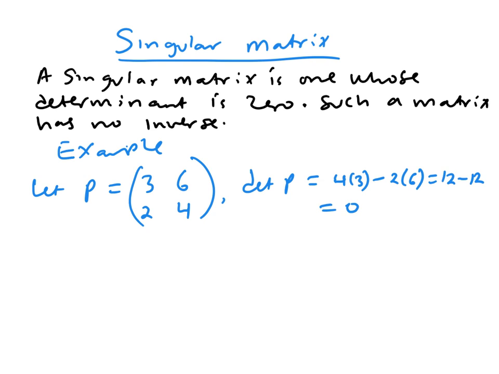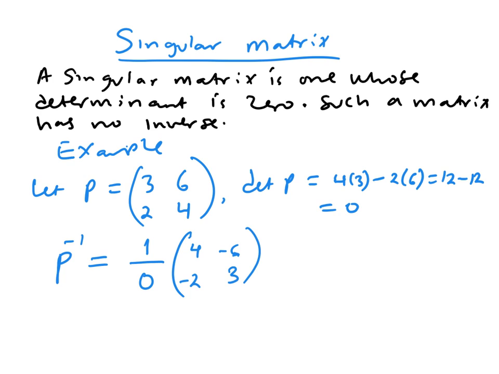Now, if we attempt to find the inverse of P, then it will be 1 over 0 times the adjoint. The adjoint is 4, 3, negative 6, negative 2. Okay, so 4, 3, negative 6, negative 2.